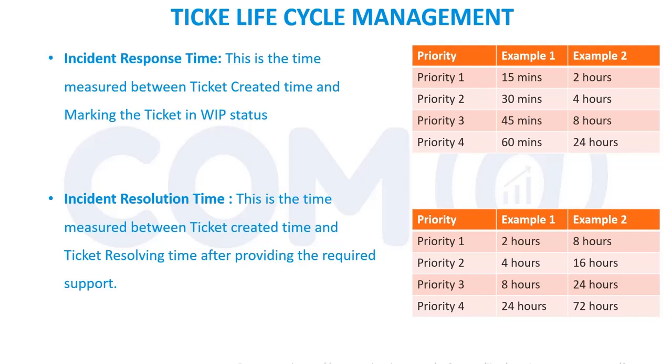Once a user says I have an issue and submits it, the ticket is created, and from that time the ticket time starts. We have to start accessing the ticket and providing input quickly so that within 15 minutes you respond back to the user and update the ticket. That faster operation is required for a priority one ticket. If you have 2 hours, then you can take some time understanding the issue and then respond back to the user.